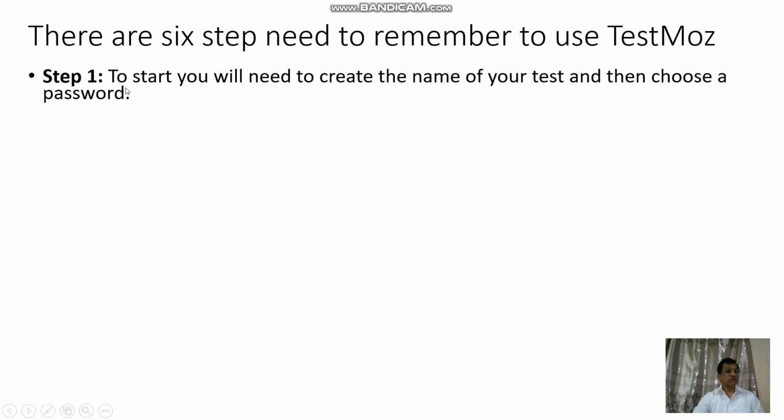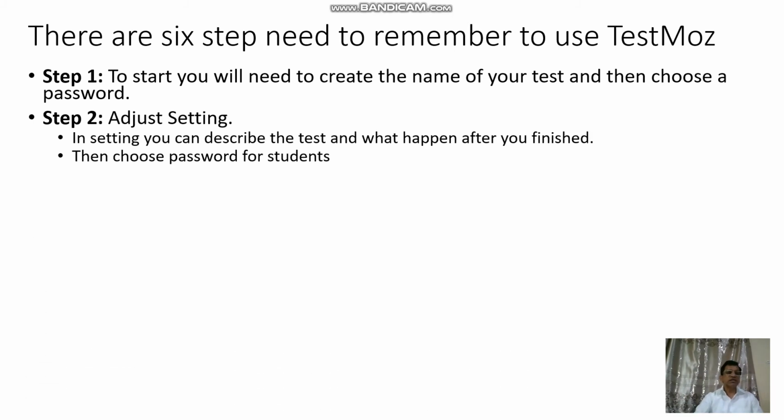I will discuss it as a practical, step by step. First, you need to remember the number of steps: what we do in the first step, the second step, the third step, the fourth step, and so on. After that I will tell you everything.